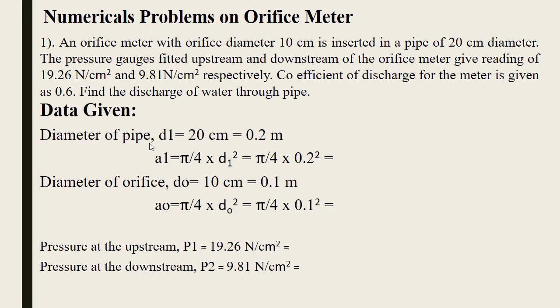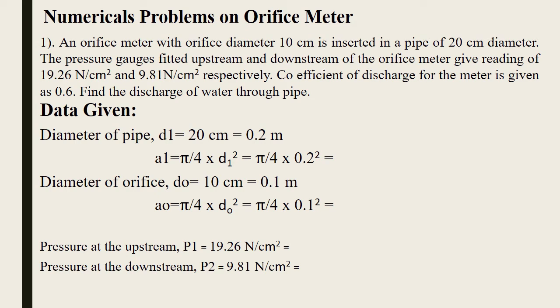So always remember, when it comes to orifice numericals, the pipe diameter is taken as 1 always, and the orifice is 0, or some people read this one as naught as well, like A naught, D naught.